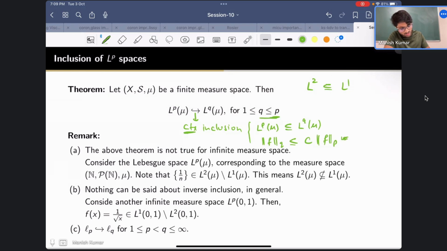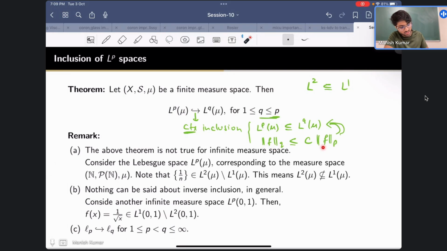So this continuous inclusion itself tells us that this is true. I mean, this implies this, so you can remove this quantity. From here only you will get this thing. Why? Suppose the L^p norm is finite. Then obviously this is finite, because this is less than or equal to this.